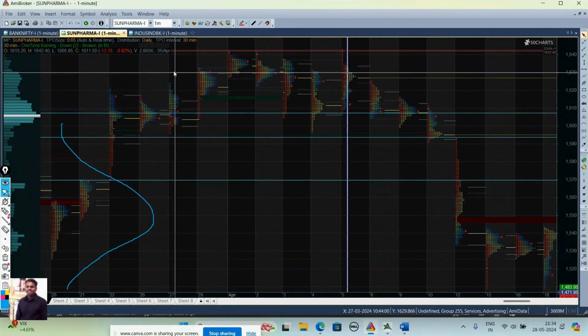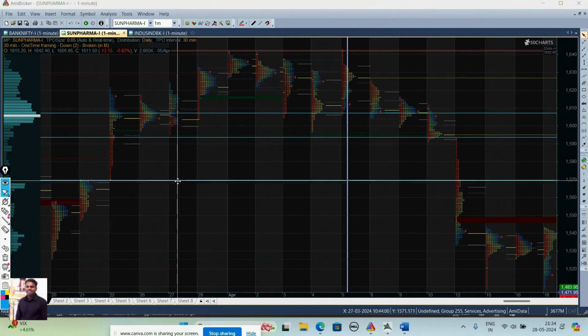Next is Sunpharma. What will happen? This is a distribution profile. Here, price closed downside, then upside, again closed upside, again upside, then closed downside. So here you can find that price will stop the market. Then what happens?